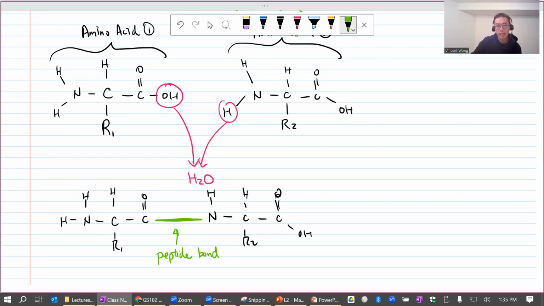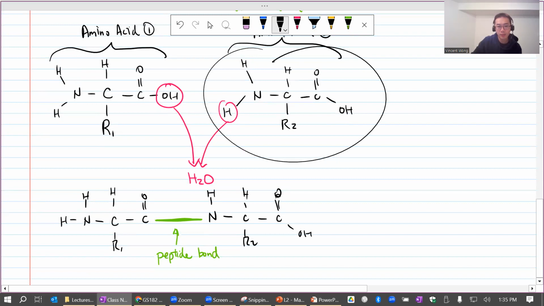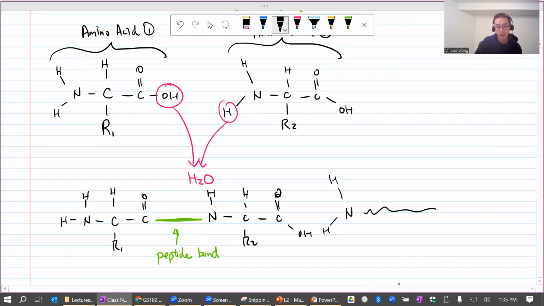Now just watch this next part. Suppose I take another one of these things and I put it right here. You don't have to draw it. Then I can remove the OH and the H again, and I'll be able to form another peptide bond. So that's going to be another amino acid, R3.